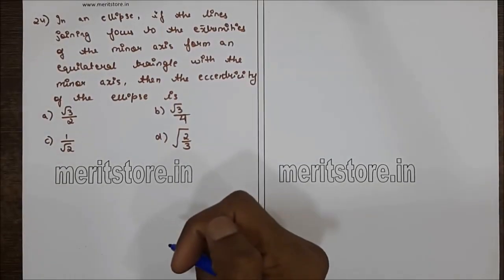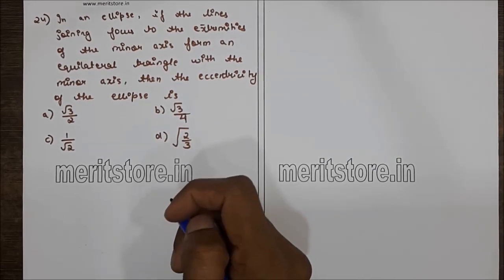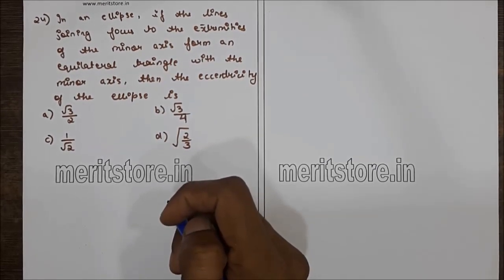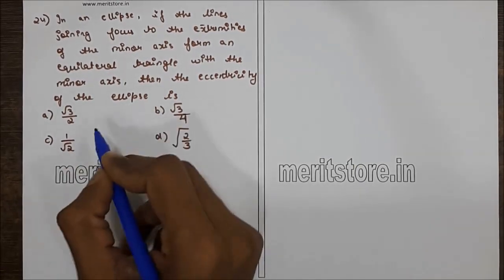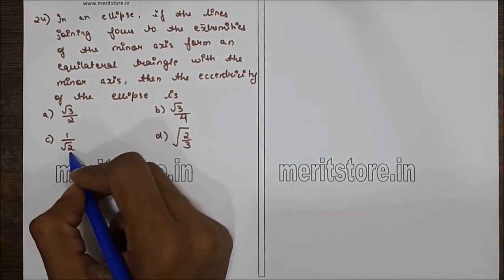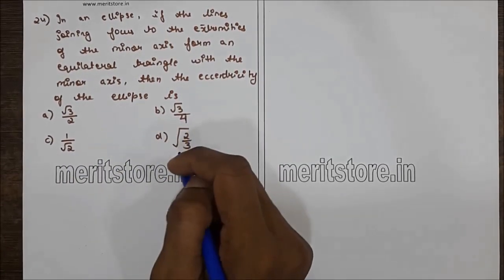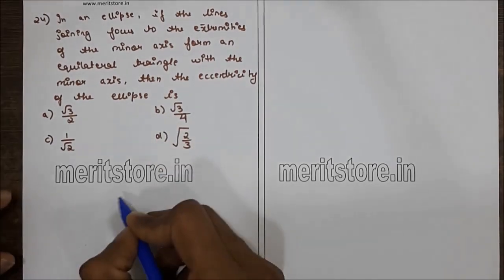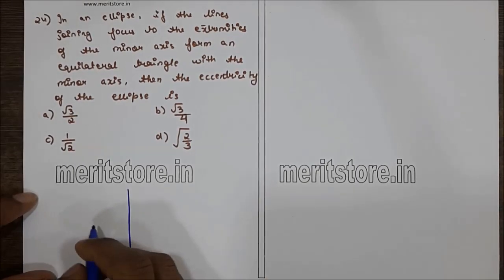Question 24. In an ellipse, if the line joining focus to the extremities of the minor axis form an equilateral triangle with the minor axis, then the eccentricity of the ellipse is: we have four options, A root 3 by 2, B root 3 by 4, C 1 by root 2, and D root 2 upon 3. In the given figure, we draw a figure of the ellipse.